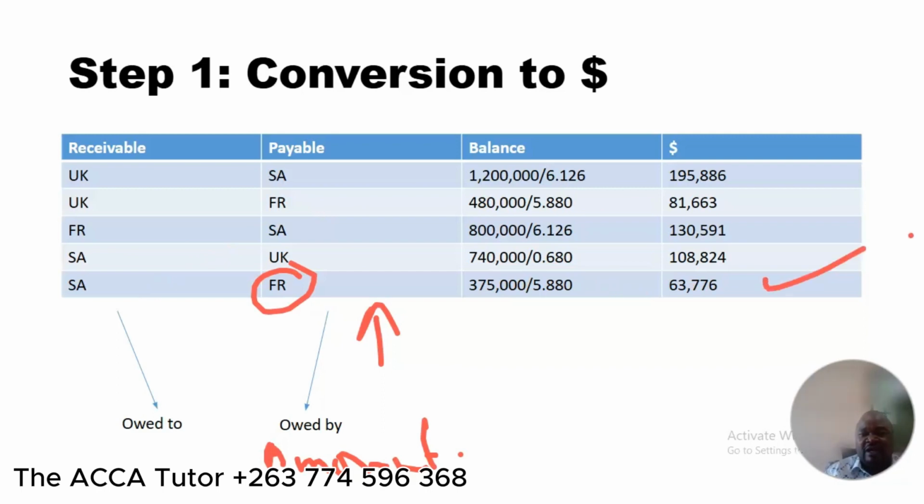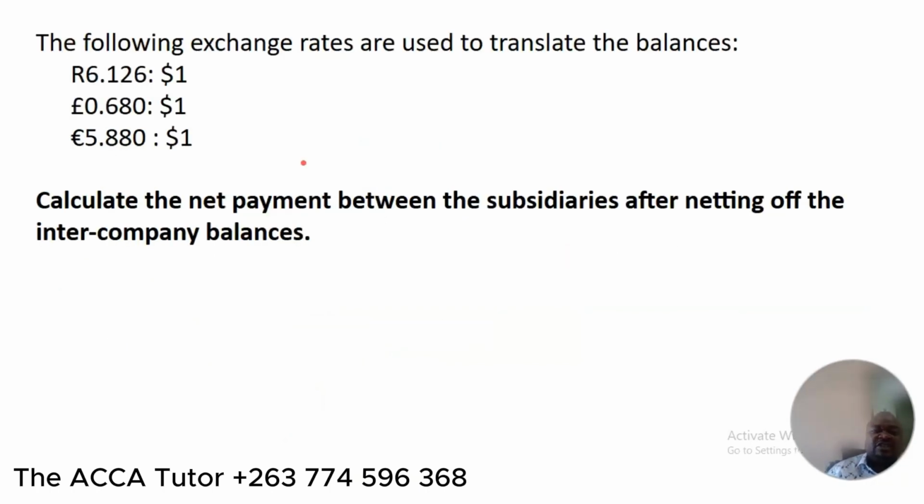After we convert, remember we have been given the rate. This was the rate for the euro, because France is in Europe. The exchange rate is $1 needs 5.880 euros.